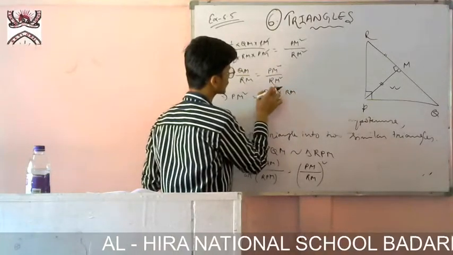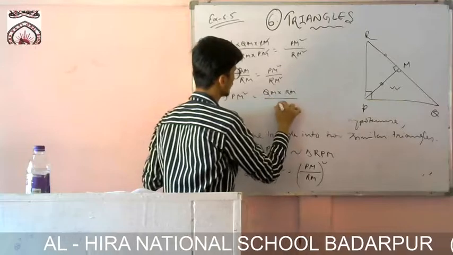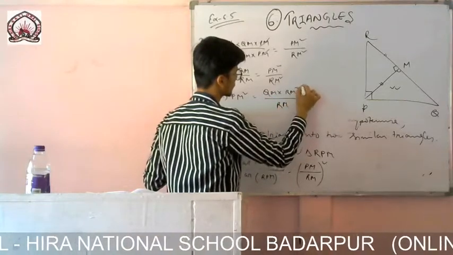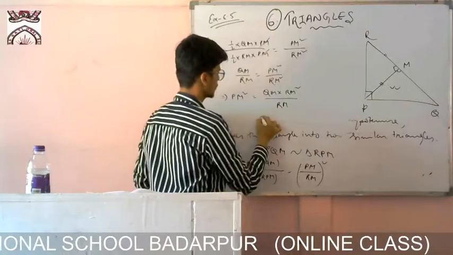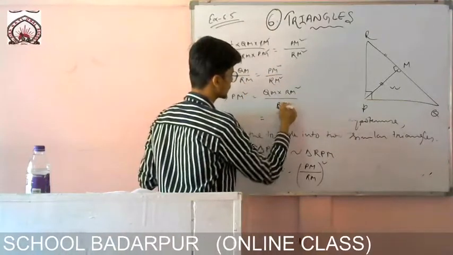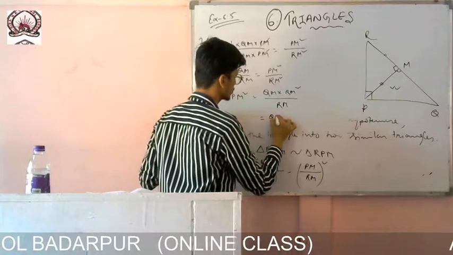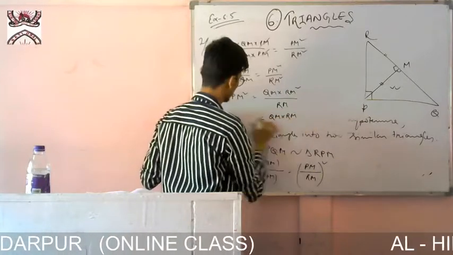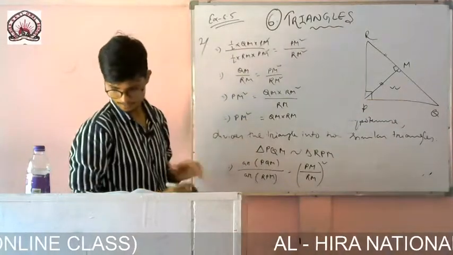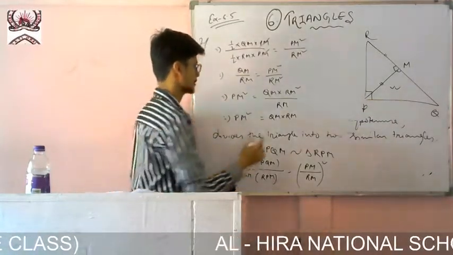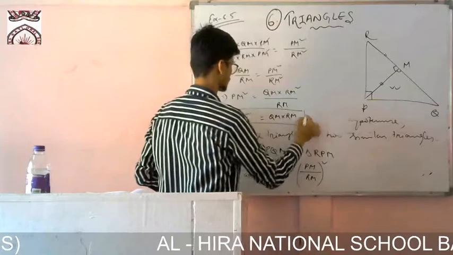If I cancel one RM from there, it will be QM into RM. I think this was our last line in the question, QM into MR or RM. So this is the end.